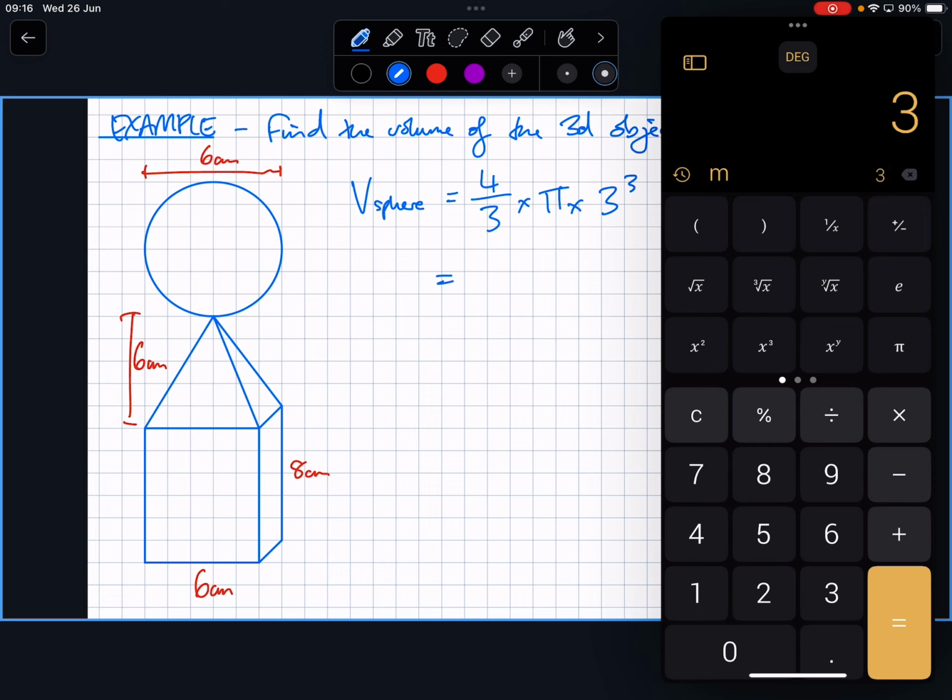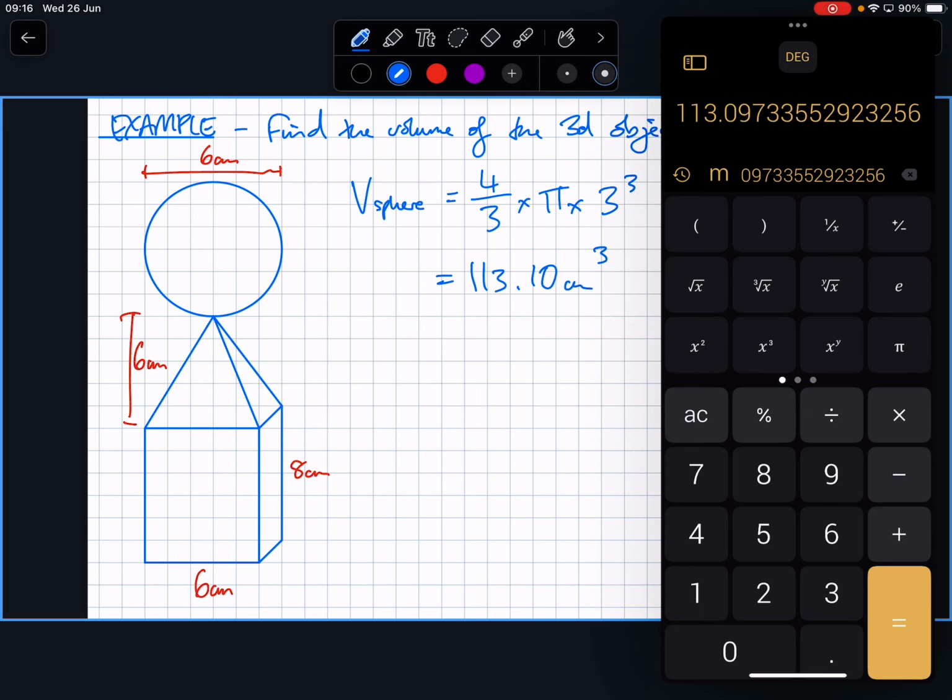So 3 cubed, 27, times by pi equals 84.82, times by 4/3. So the way that I'll do this is times the answer by 4, and then divide that answer by 3. So that tells me it's going to be 113.10 cubic centimeters. That's my sphere done.